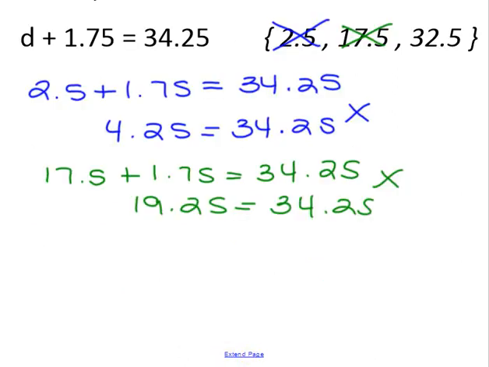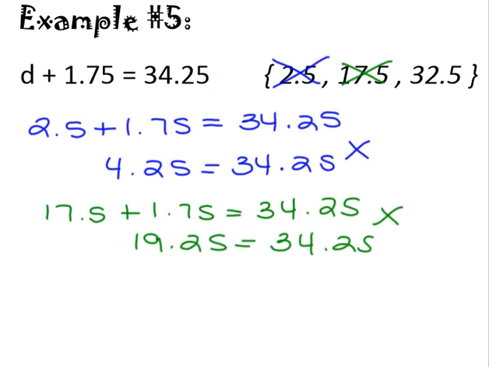Now, before you jump the gun and say, oh, it has to be the last one, you need to make sure it works, because in some situations, I may give you a set of numbers and none of them work. So you need to make sure that you try all of them. So we have 32.5 plus 1.75 equals 34.25.